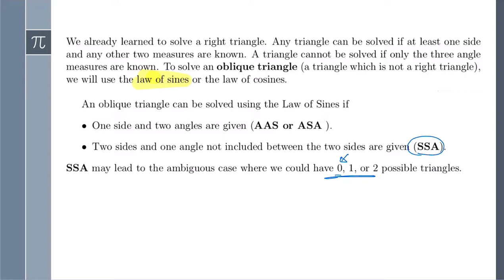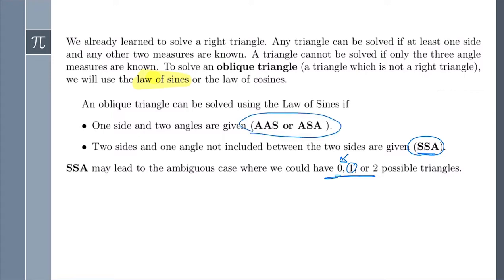There might be a case where we can make one unique triangle, or we could have the possibility of two different triangles with the given measurements. We'll talk more about that in the next few slides, and we are going to look at an example for this.